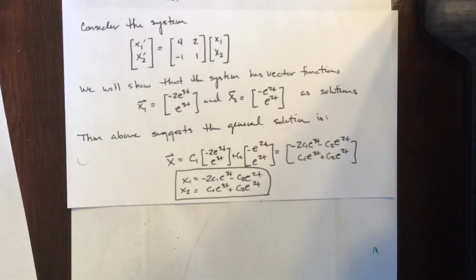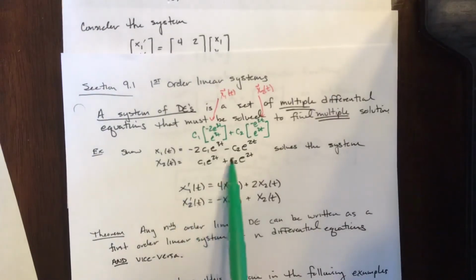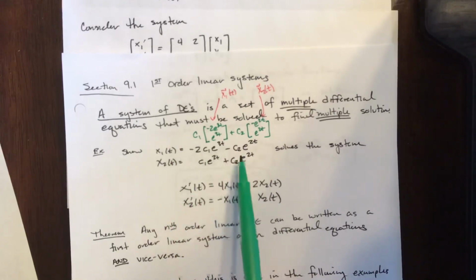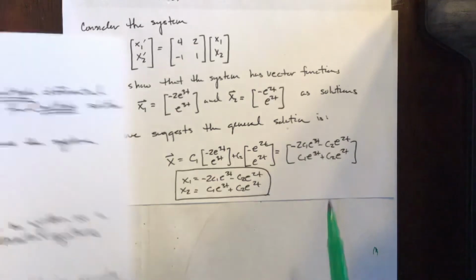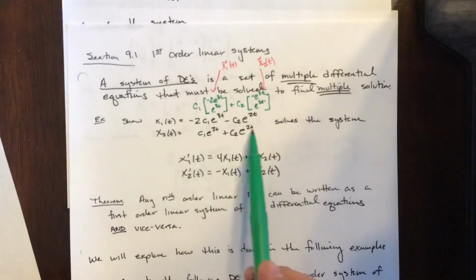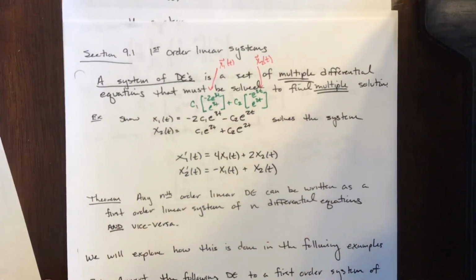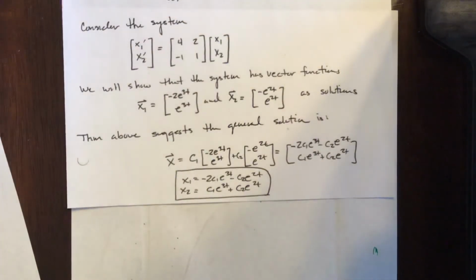The top row is one function, looking at the top row of this vector, gives you the x1 function that solves the system of differential equations. The second row gives you the x2 function that solves the system of differential equations.